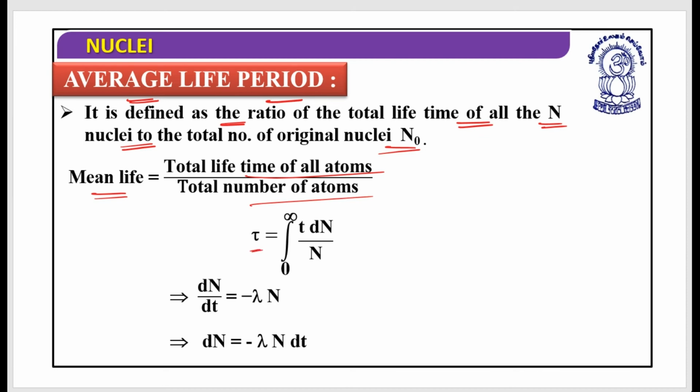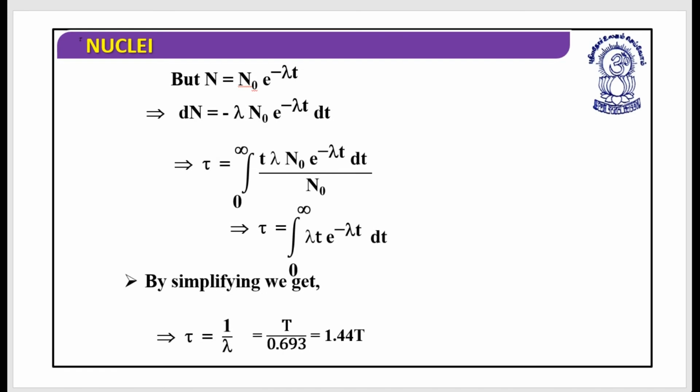So tau is the integration from 0 to infinity of t dN by N naught, and dN by dt is equal to minus lambda N. So dN would be equal to minus lambda N into dt. But we understand that N is equal to N naught into e to the power minus lambda t. So dN is equal to minus lambda into N naught into e to the power minus lambda t into dt.